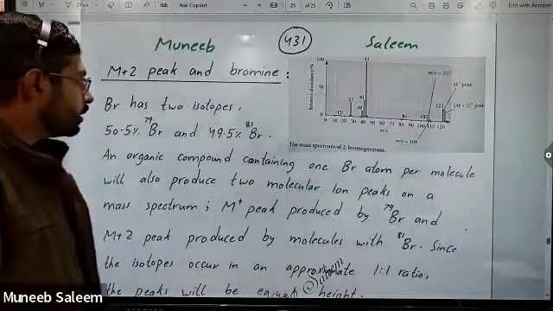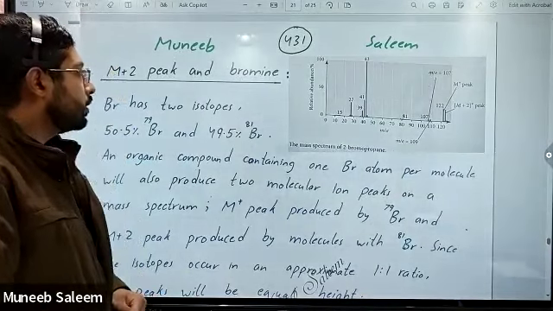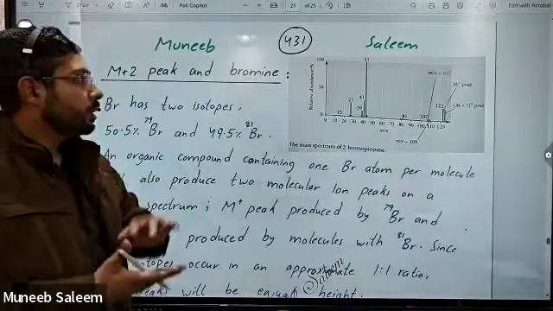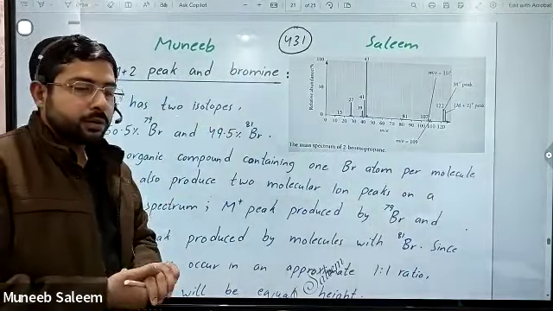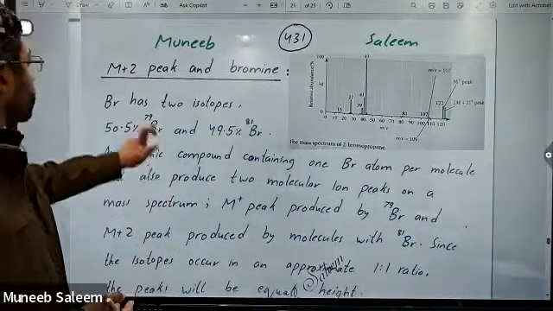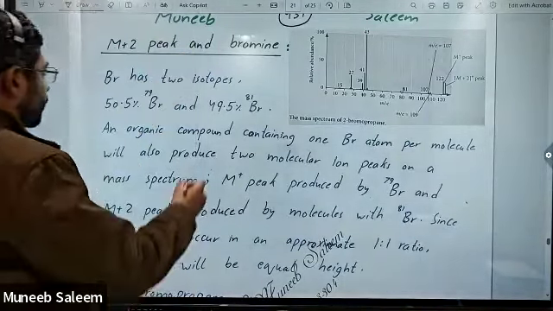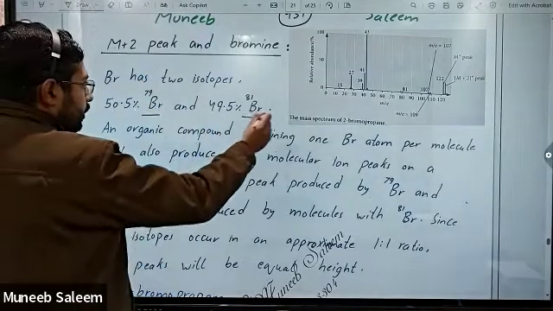Now, another type of combination which we can find is in the case of bromine. So bromine, again, will produce a haloalkane compound. Now, there are two isotopes of bromine which are mentioned in your syllabus. We have bromine 79 and bromine 81.